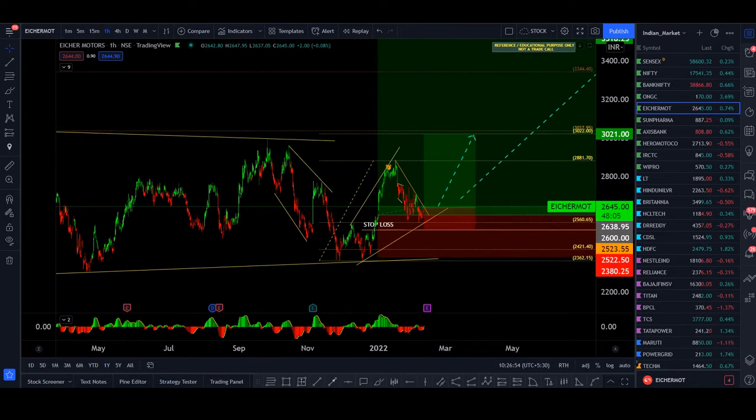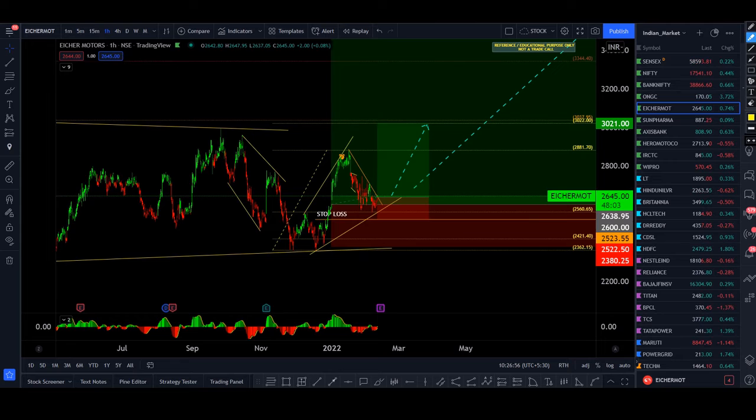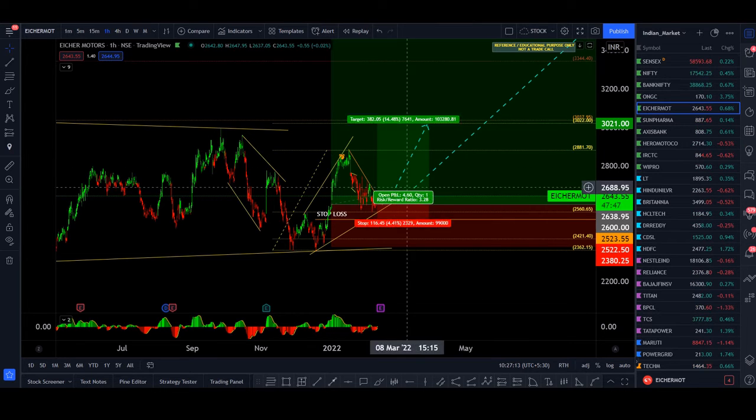Based on this impulsive move, our expectation is impulse followed by a correction, which is A, and we are expecting this correction is done, but there is a possibility that the correction might retest one more time, though we are not expecting that.